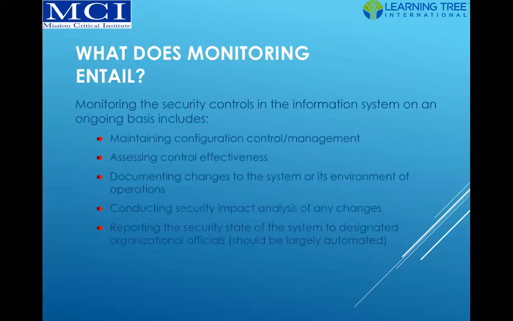What requires monitoring? Well, pretty much everything that has to do with the system. The controls that you first apply to the system, that is what needs to be continuously monitored. Monitoring the security controls in the information system on an ongoing basis includes maintaining configuration control and management, assessing control effectiveness, documenting changes to the system or its environment of operations, conducting security impact analysis of any changes, and reporting the security state of the system to designated organizational officials like the AO.